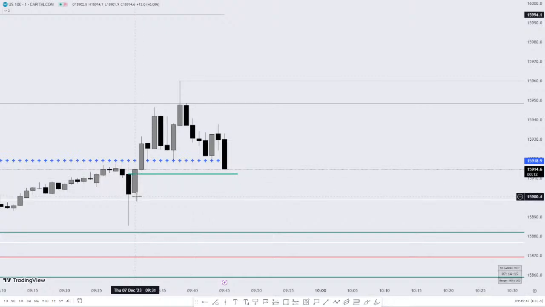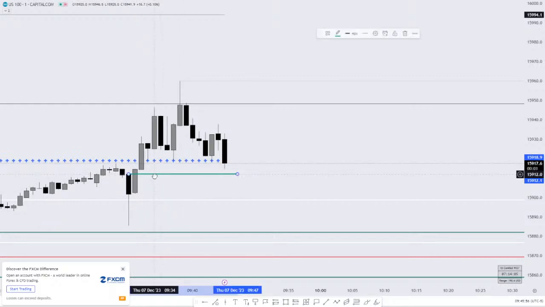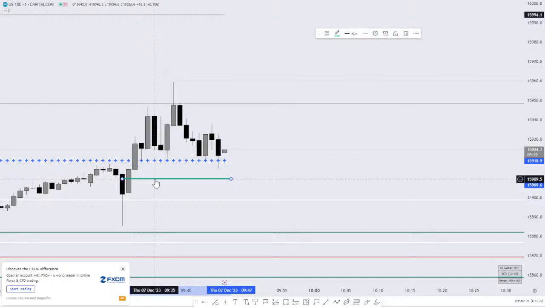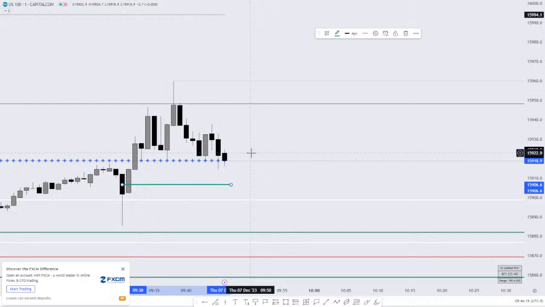Ideally, this 10 points range a little bit lower, 15906. This should support price. No shorts.